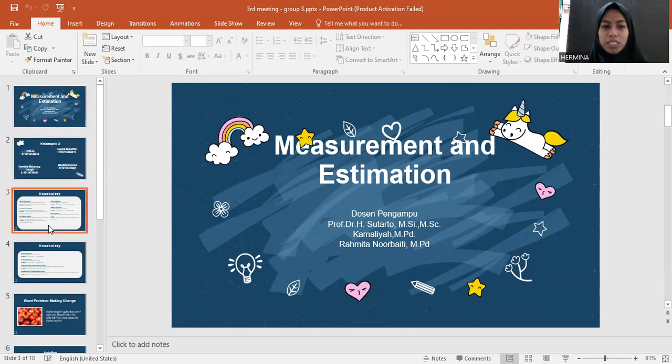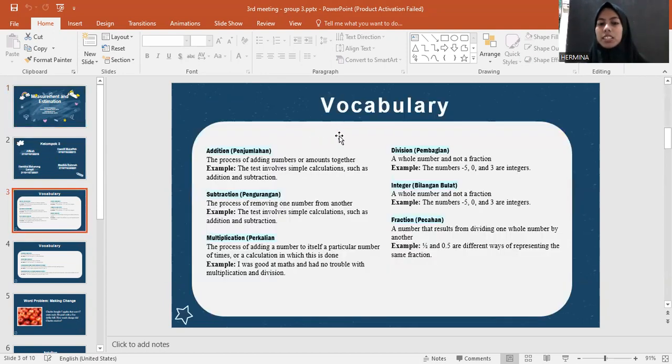So, let me continue. The first lesson is about vocabulary. The first vocabulary is addition, or we call it penjumlahan in Indonesian language. What is addition? Addition is the process of adding numbers or amounts together. Example: the test involves simple calculations such as addition and subtraction.